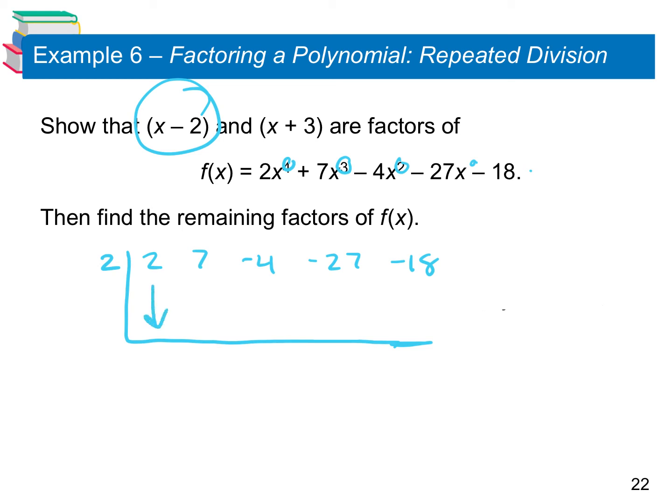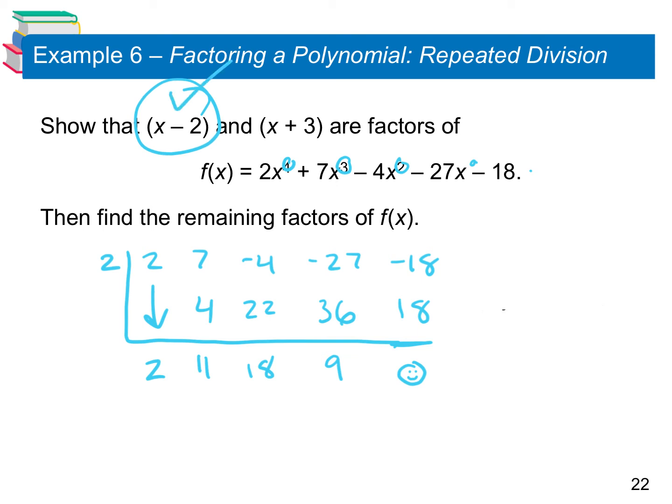Now, drop down the 2, multiply the outsides, add the insides, multiply, add, multiply, add, multiply, add. So I get a remainder of 0. 0 was our goal. Is x minus 2 a factor?